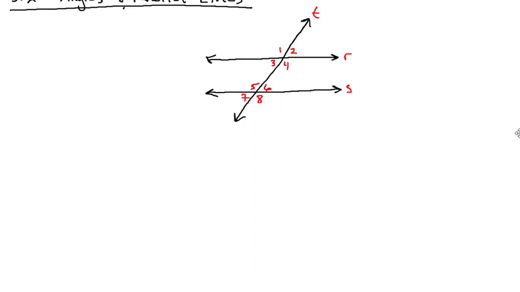All right, we're going to write down 5 theorems, and they all start out the same. So I'm going to write down the first line of all of them right here, and then we're going to build off of this.